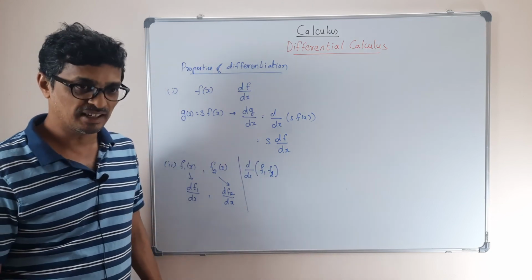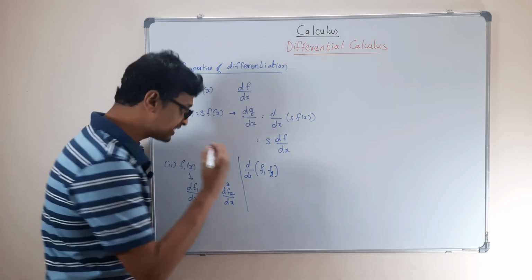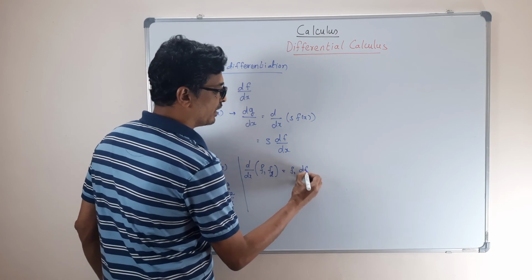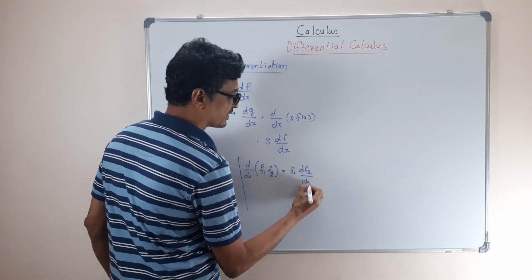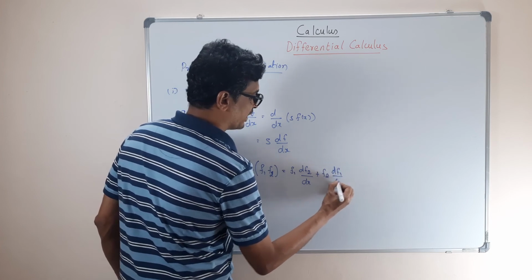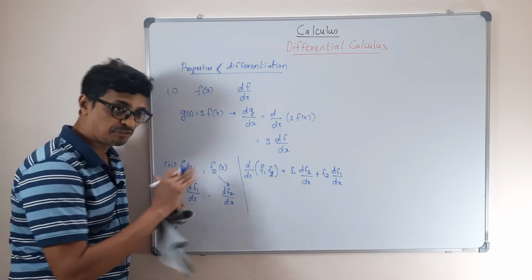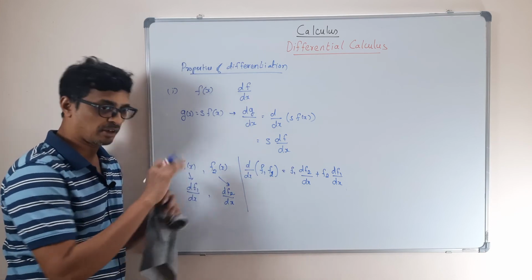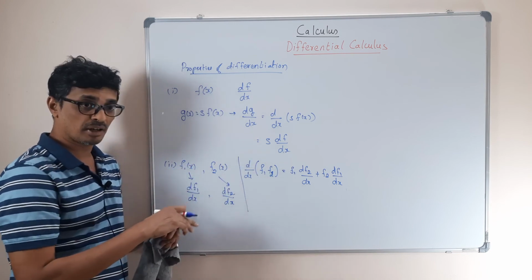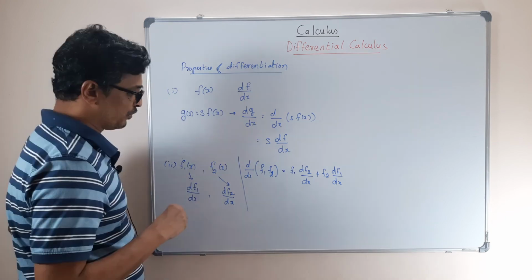Earlier I added, now I am multiplying. In this case, it will be f1 into df2 by dx plus f2 into df1 by dx. This is the formula, you have to remember it. You can prove it later on. This is one of the important things: if you remember these formulas, many other formulas you can actually get from here itself.